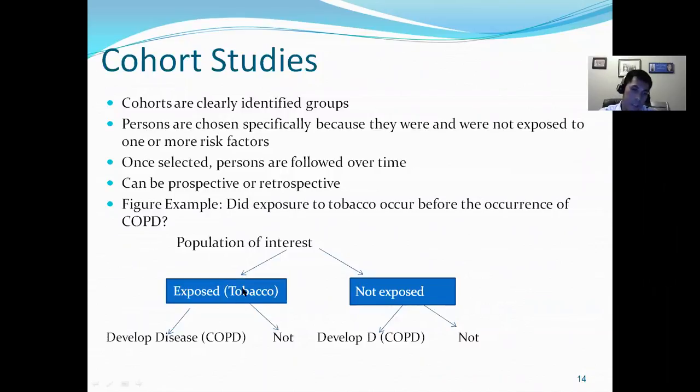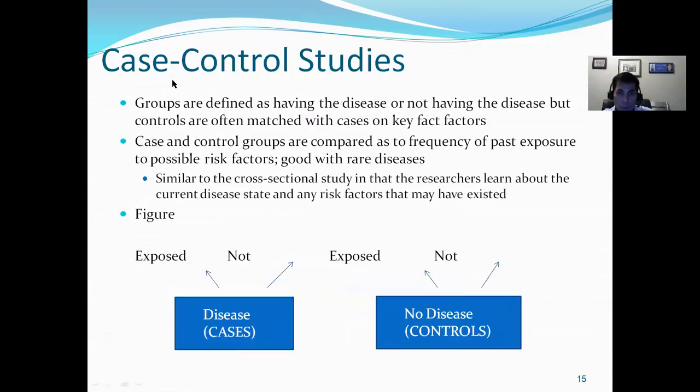Pagkahuman sa mga na-expose og sigarilyo, kinsa man ang na-COPD, pila man kabuok ang na-COPD, pila man kabuok ang wala na-COPD. Katong mga wala na-expose sa sigarilyo, pila man kabuok ang nag-develop og COPD, pila man kabuok ang wala na-develop og COPD. Very different when you look at case control kay naa na kay key factual factors.